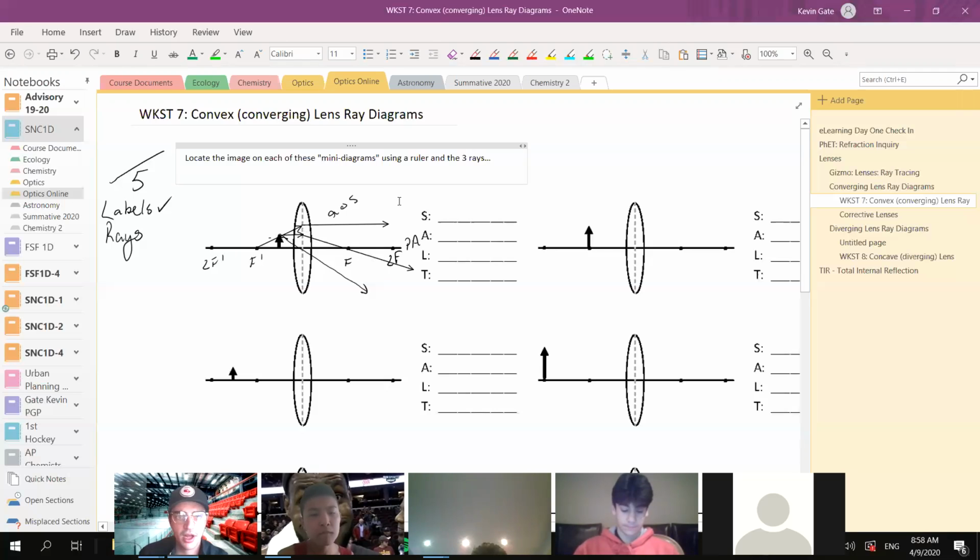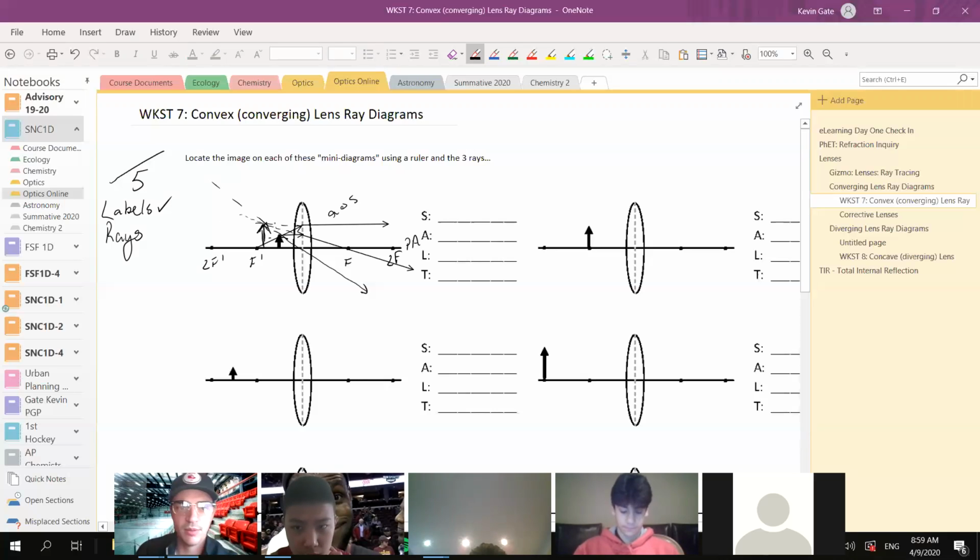Okay, so then I've got those rays. Let's extend them backwards. Okay, so the 3 lines all converge to this virtual focal point here.